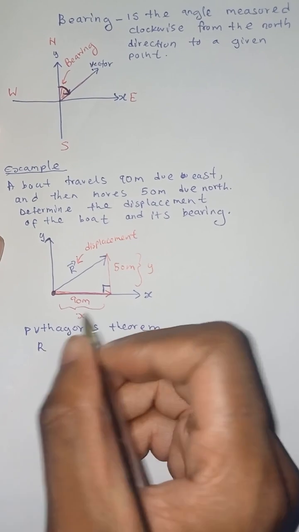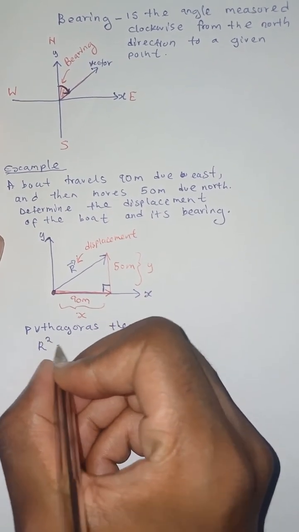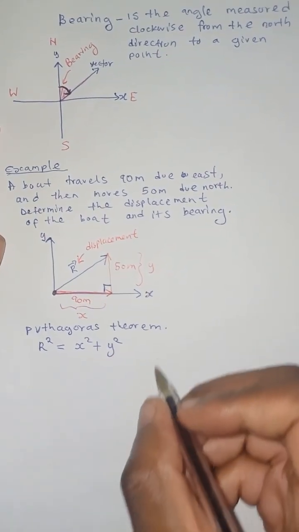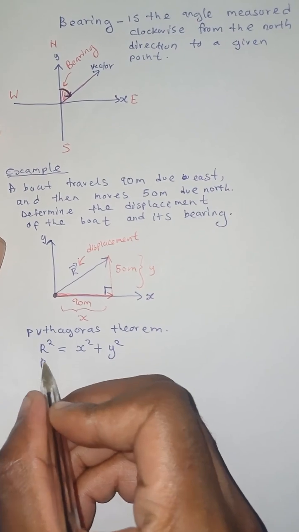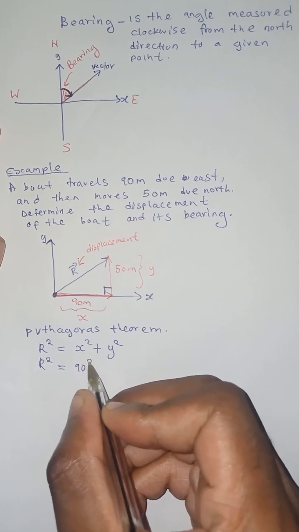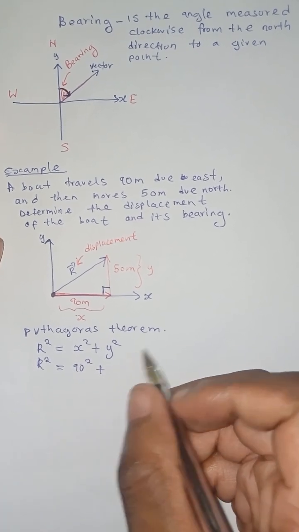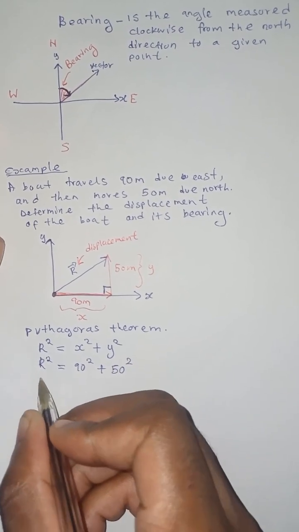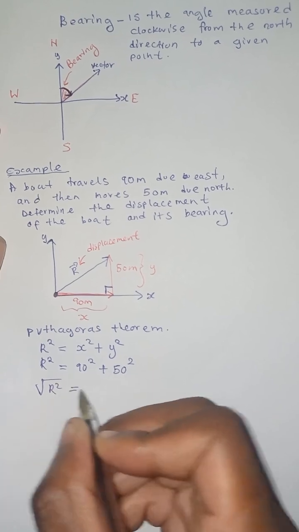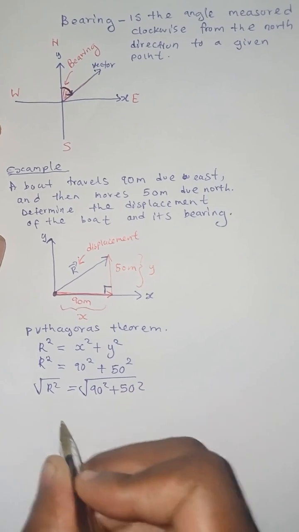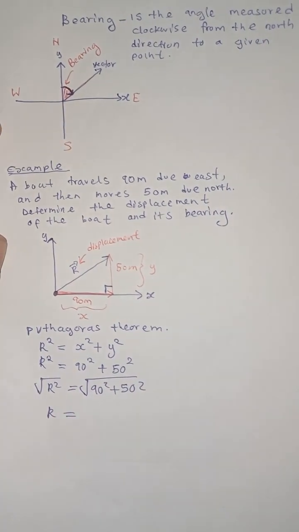Therefore, r squared is equals to x squared plus y squared. Therefore, what is r squared is equals to 90 squared plus 50 squared. Therefore, if we square both sides, r is equals to the square root of 90 squared plus 50 squared.